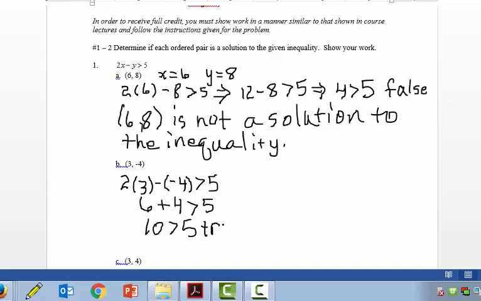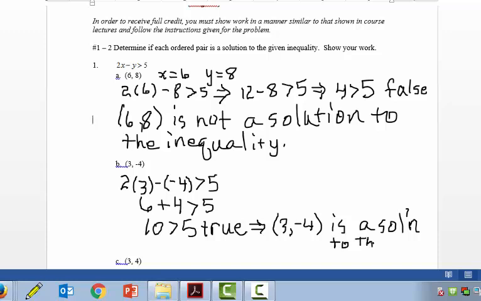So the statement that results when I let x equal 3 and y equal -4 is true. So (3, -4) is a solution to the inequality.